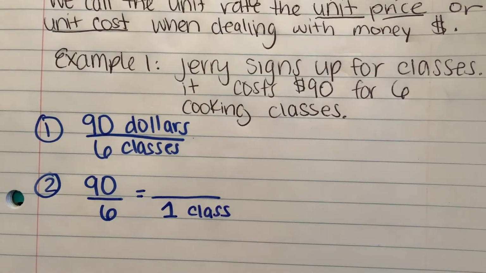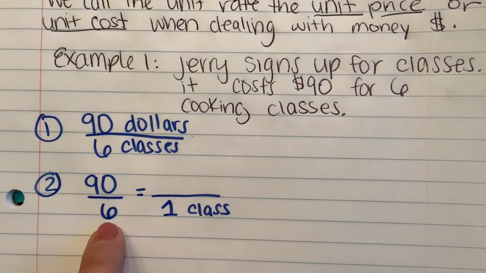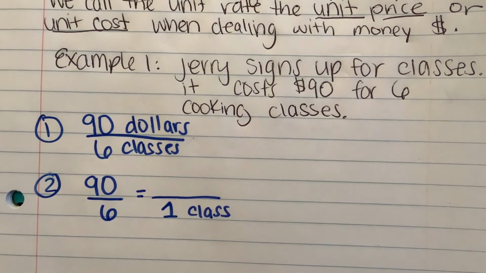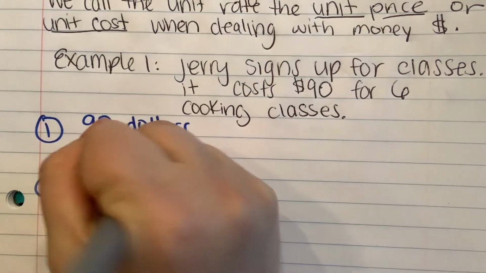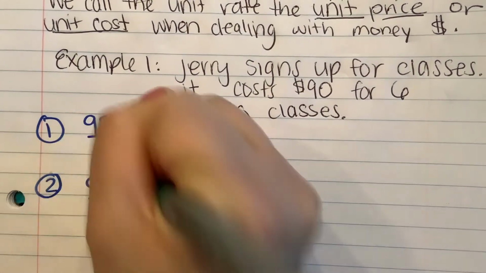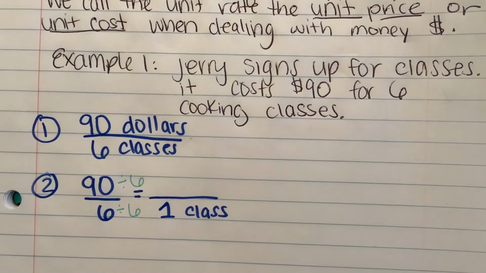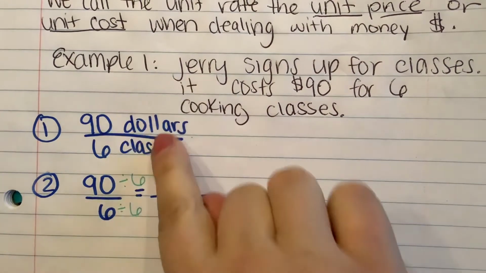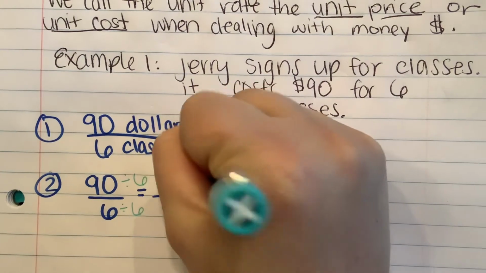So what can I divide 6 by to get 1? And hopefully we're all thinking, well, just divide by 6. 6 divided by 6 gives me 1. 90 divided by 6 gives me 15.